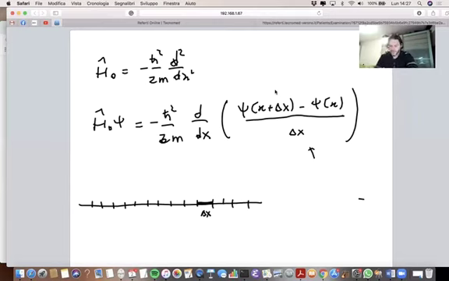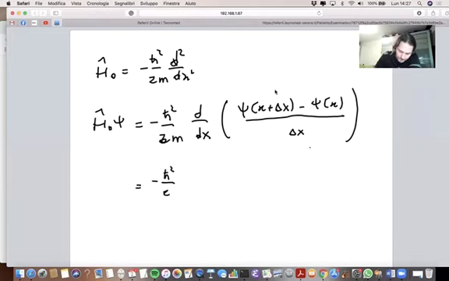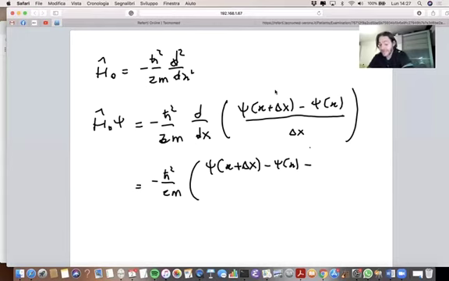Okay? So if I do this again, I take the derivative at two different points. For instance, the derivative at x minus the derivative at x minus delta x. If you do that, you get psi of x plus delta x minus psi of x, and then I take the difference with the derivative evaluated at x minus delta x, divided by delta x.